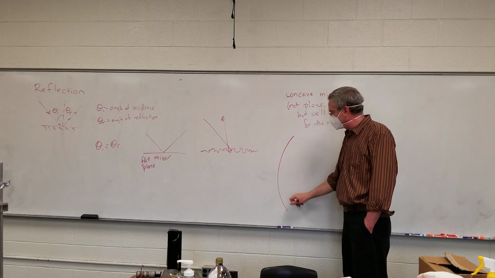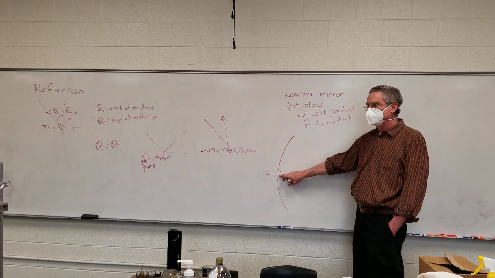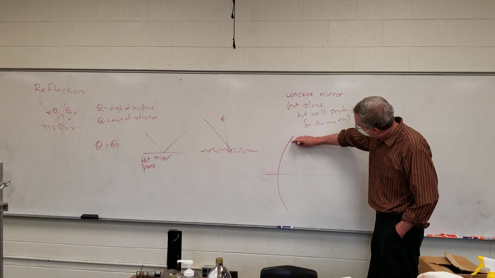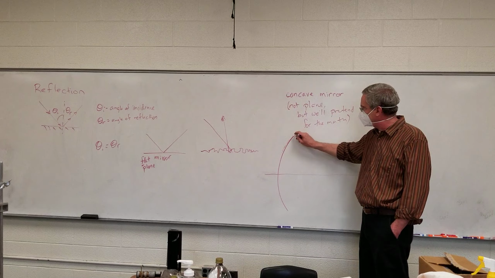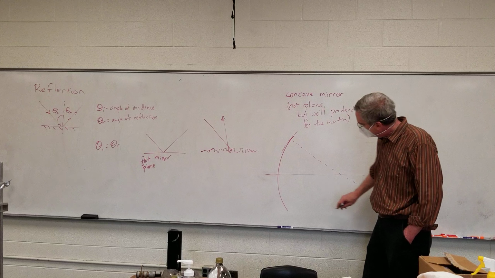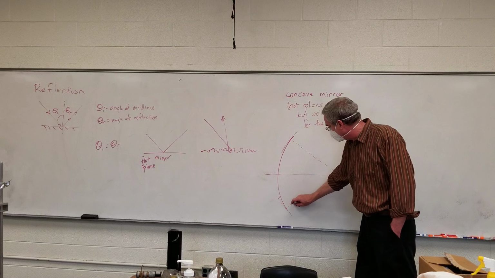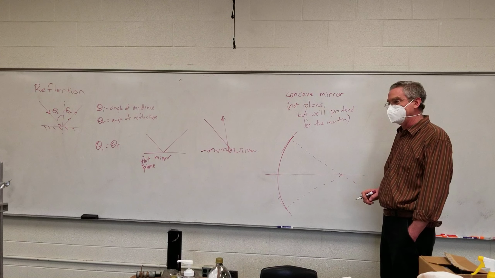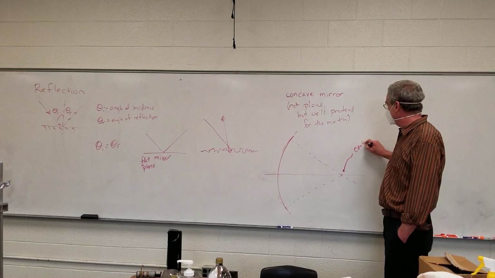So if I have a mirror that looks like this, this is the center of the mirror. If I think about a tangent line right there at that surface, and draw a line perpendicular to it, and then take a tangent line anywhere and draw a line perpendicular to it, they should all hit at the same place here, and this would be known as the center of curvature.